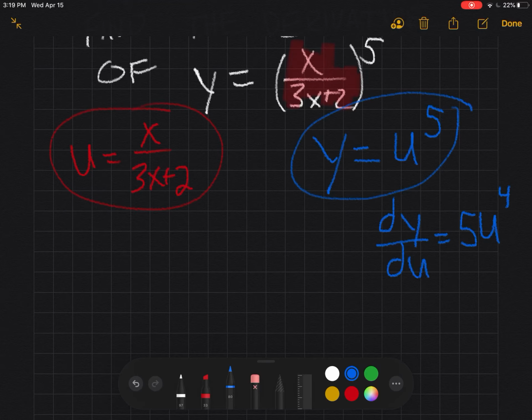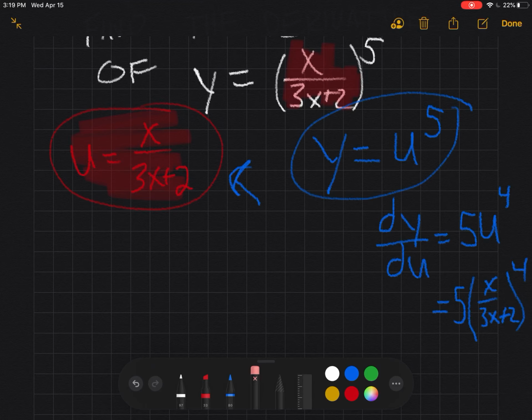Okay. So the derivative of y with respect to u is not so bad, because we just have a chance to use our power rule. So it's going to be 5u to the 4th power. And because at the end of the day, we want to have all of our variables back in x's and y's, we're going to undo that substitution. u is just this function, x over 3x plus 2.